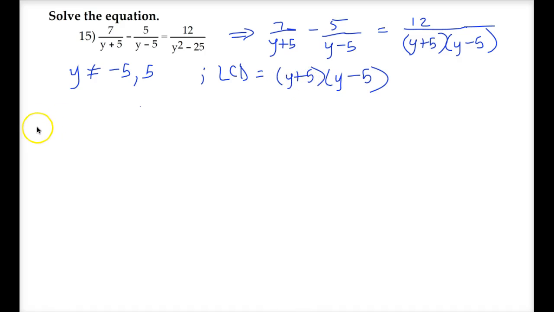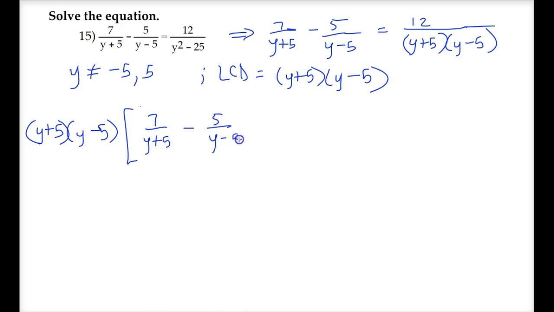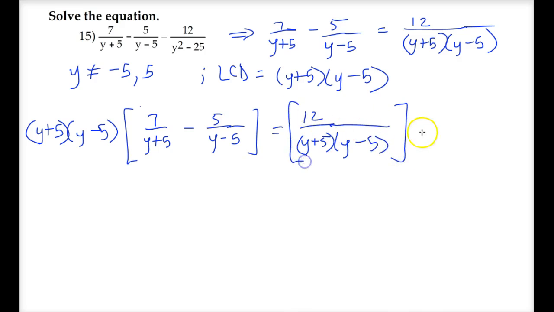So I'm going to say y plus 5 times y minus 5, and all that times 7 over y plus 5 minus 5 over y minus 5, and that's going to be equal to 12 over y plus 5 times y minus 5, and all of that is multiplied by y plus 5 times y minus 5 on the right side, okay?